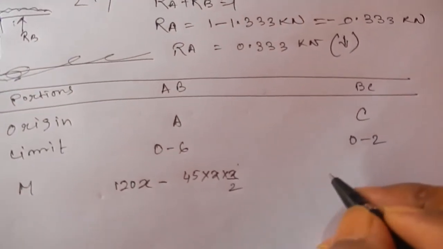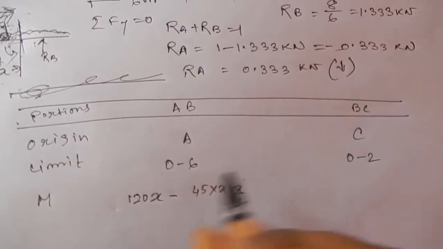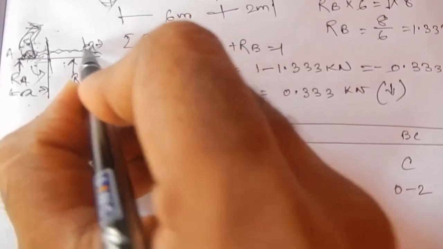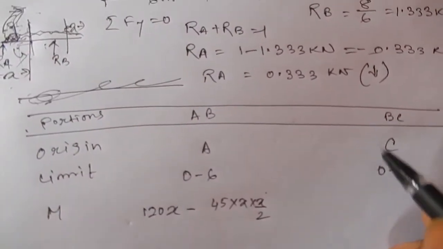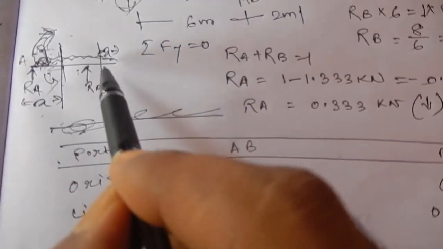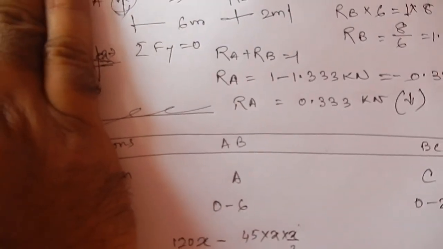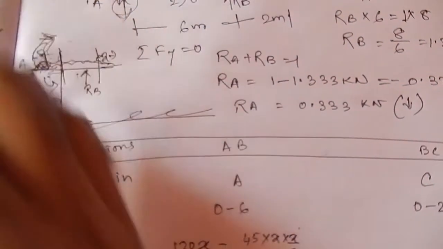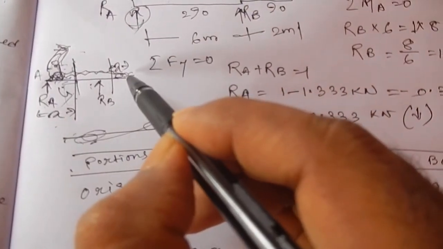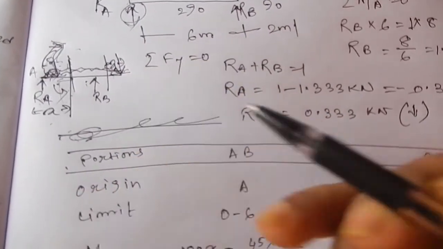And similarly for the BC portion, if you cut any section x from C, because we have taken C as origin, the only load acting in this portion is the UDL load, 45 kilonewton, at a CG distance of x by 2.